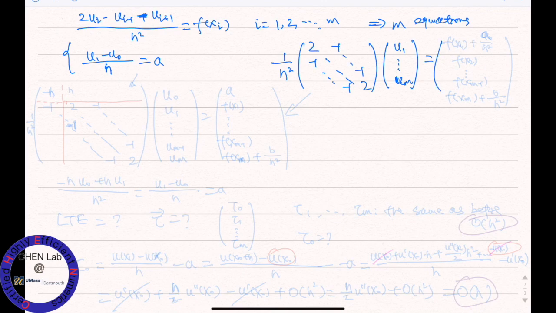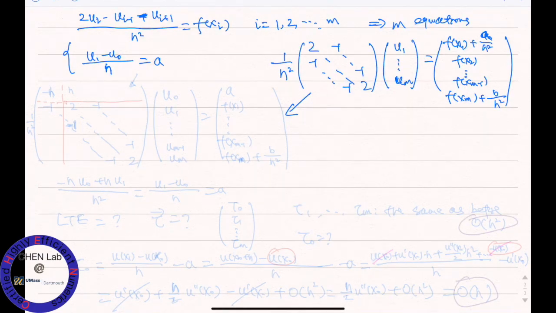This is equal to f at x1, but we need to add h squared u0, which is a, and then f of x2, up to f of x_{m-1}, and here f of x_m plus h squared b. This now becomes the new system for this Neumann boundary condition.